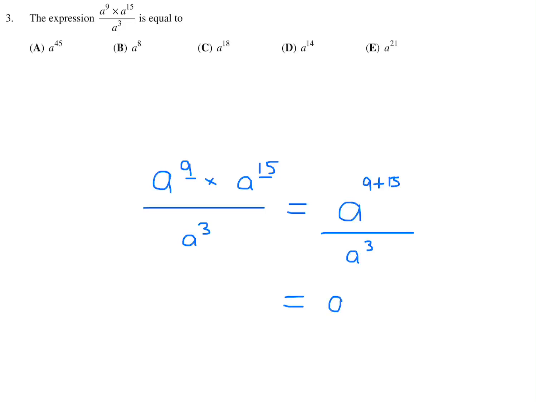So a to the 9 times a to the 15th is a to the 24, and then you have a to the power of 3. And then if you are dividing, you have to subtract the exponents. So this would become a to the 24 minus 3, and therefore this is a to the power of 21. So the answer here is E.